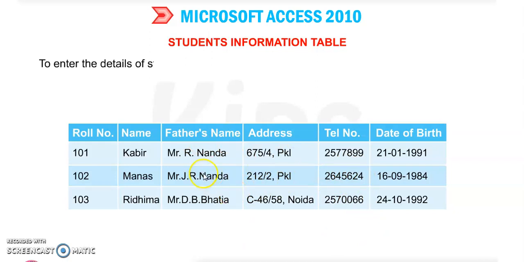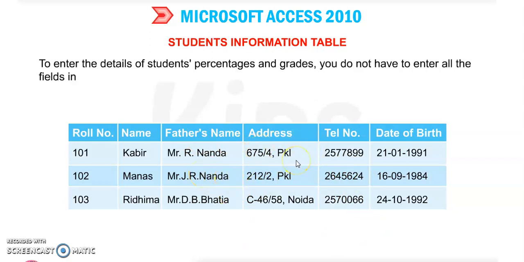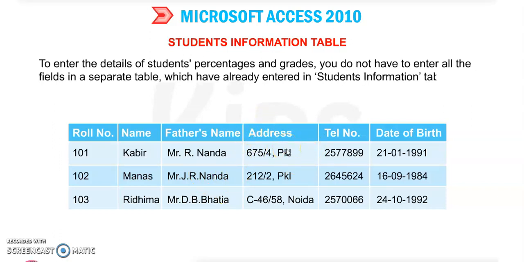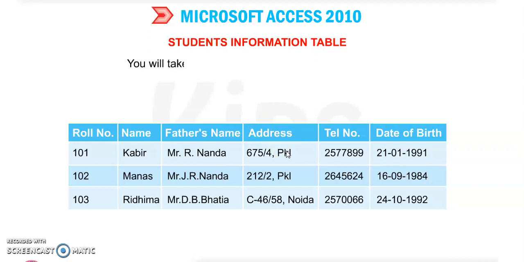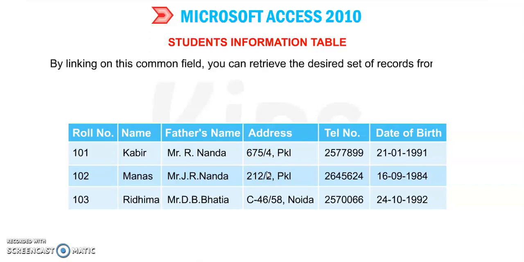To enter the details of student percentage and grades, you do not have to enter all the fields in a separate table which have already been entered in the student information table. You will take only a common field in the second table, and by linking on this common field you can retrieve the desired set of records from both the tables. This is called a relational database.